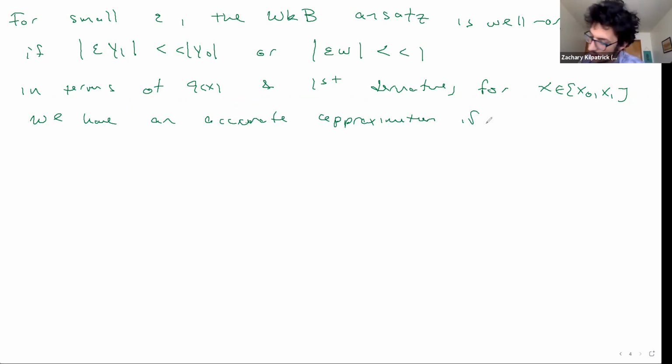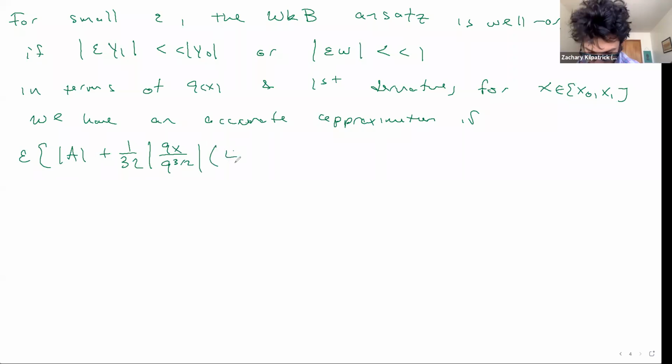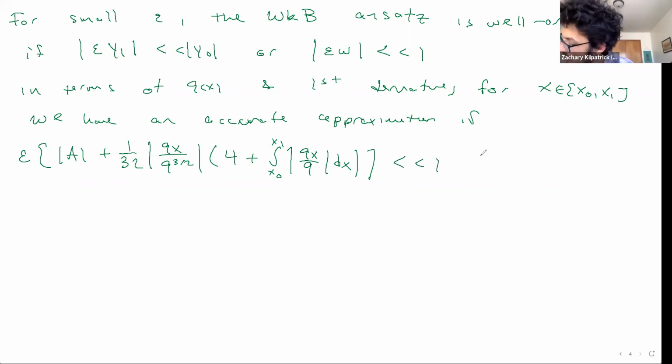as long as the following thing is true: epsilon times absolute value of A, plus 1/32 q_x, q to the 3/2 times 4 plus integral from x0 up to x1 q_x over q dx, as long as this whole thing is much less than 1, where let's say this magnitude signifies the infinity norm over x0, x1.